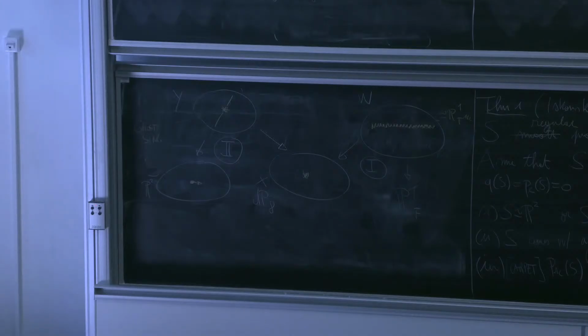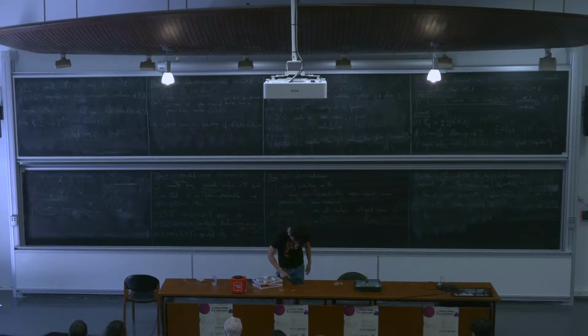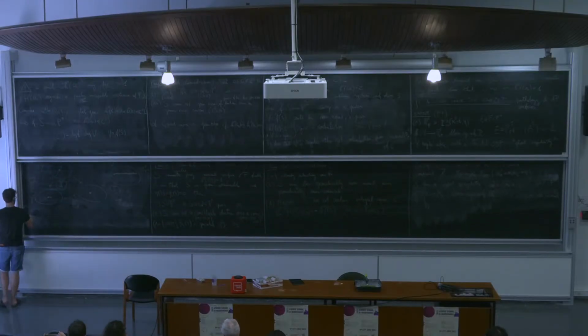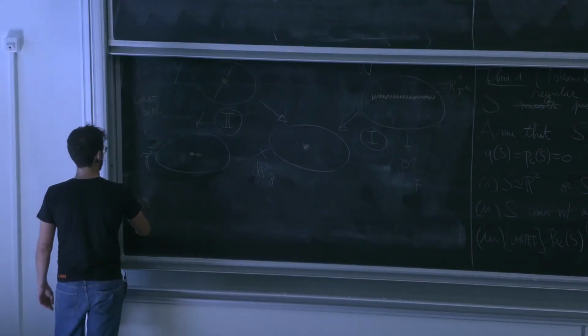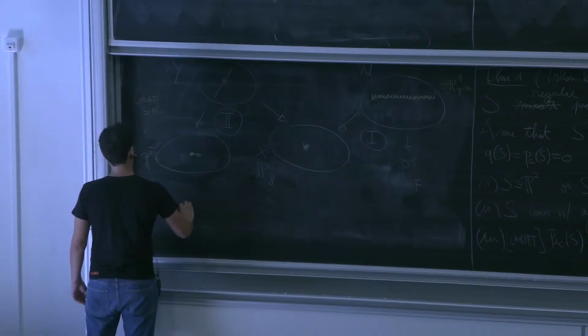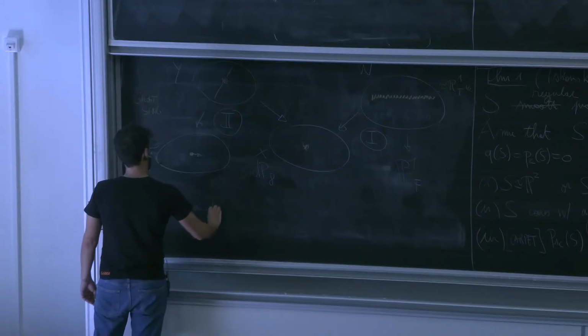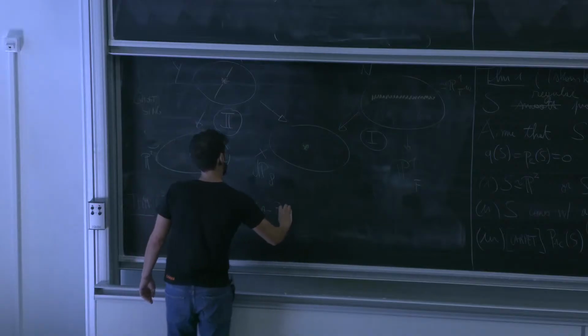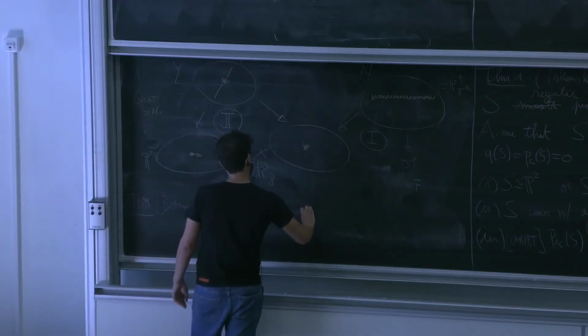So, wrapping up everything, what we did, maybe let me write it here. Let me state it as a theorem, which is by Bernasconi and Zimmermann. This is in 24.